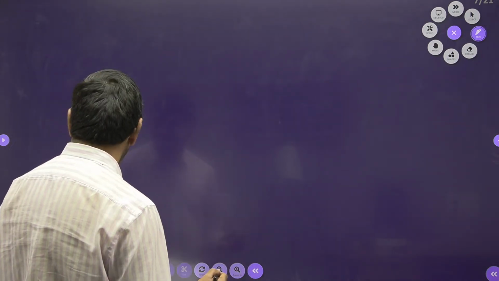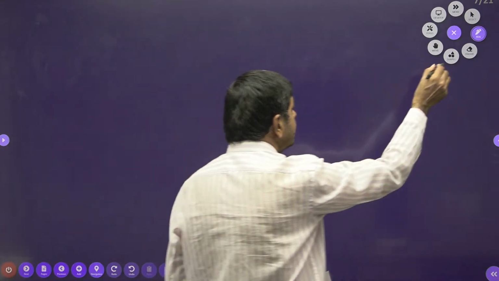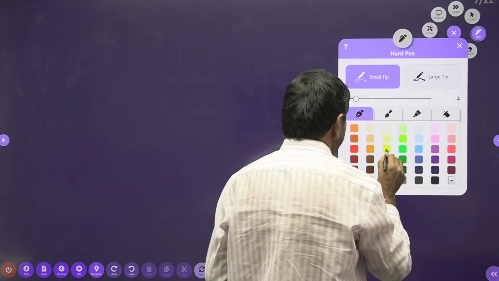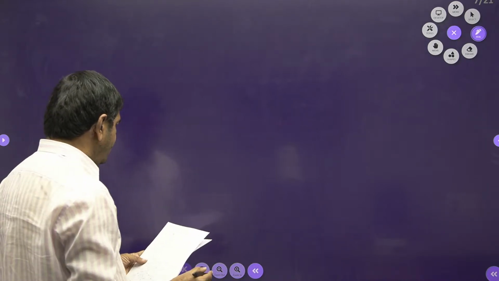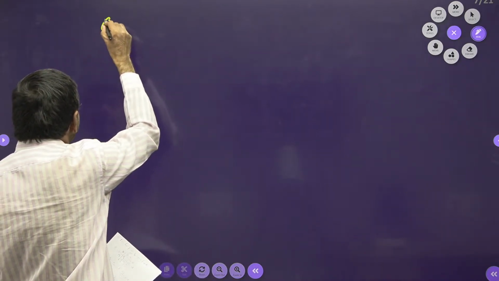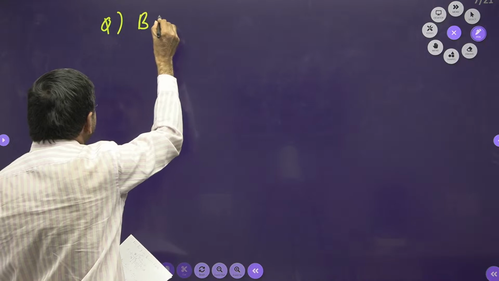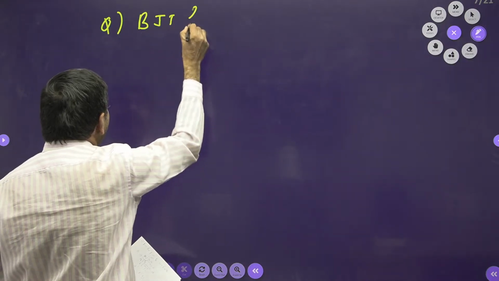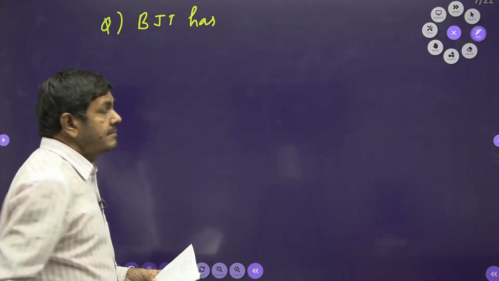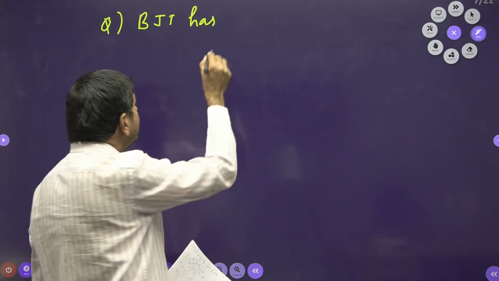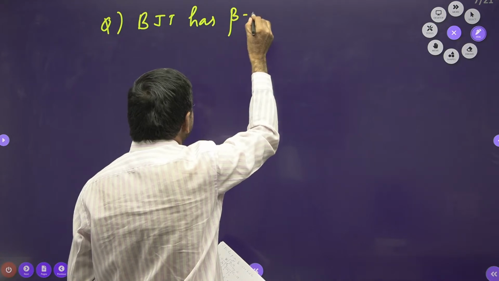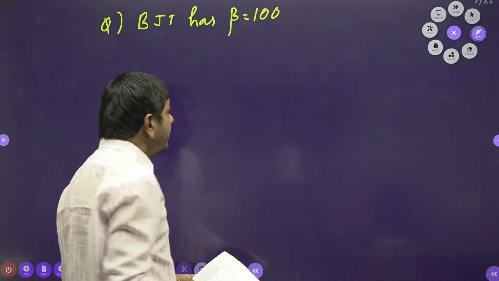The problem is given like this. The BJT has beta equal to 100.